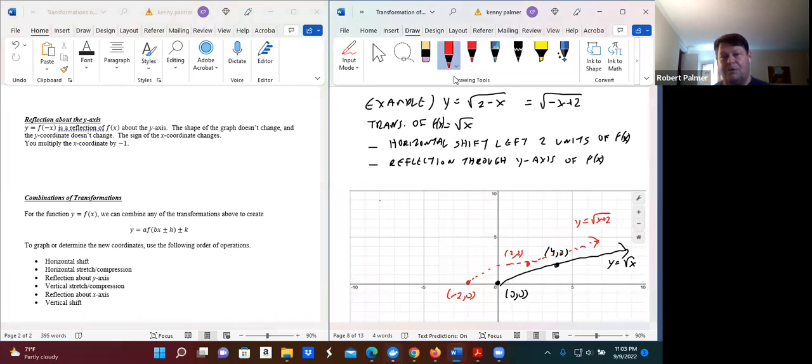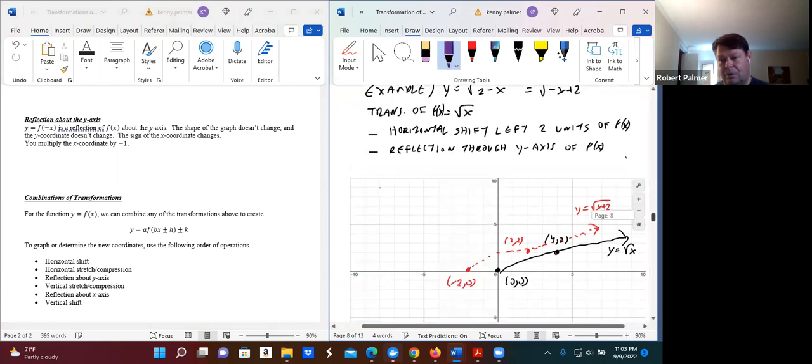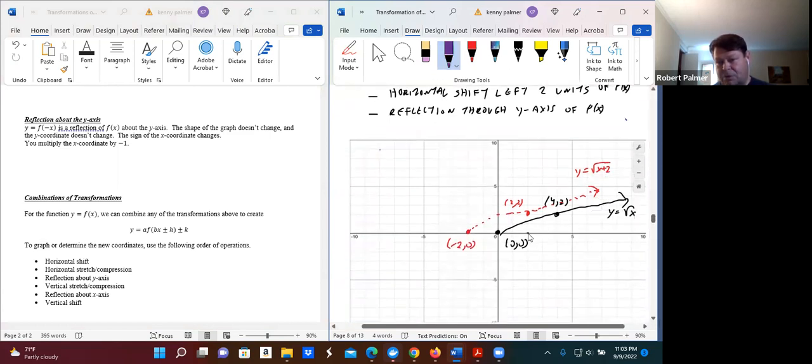So I need to put this in a new color, blue. So this point is now going to go to 2, 0. And our point right here, which is 2, 2, is now going to go to negative 2, 2, since I multiplied the x-coordinate by negative 1. And then this is going to look like this.